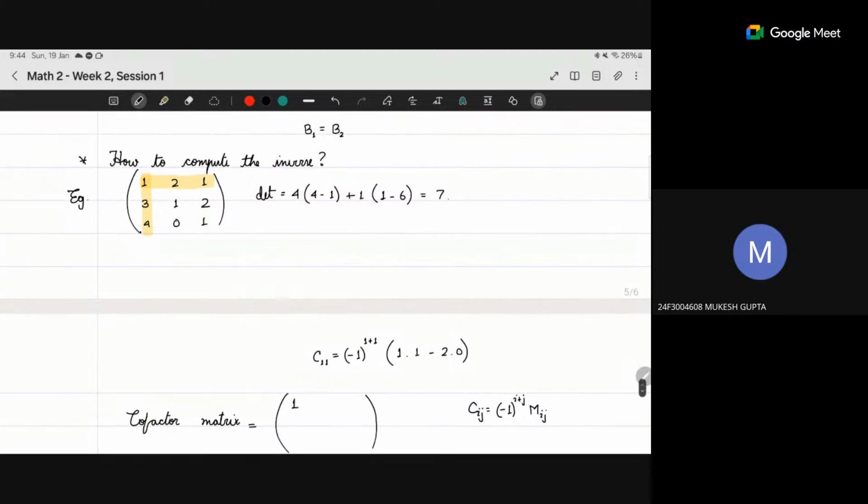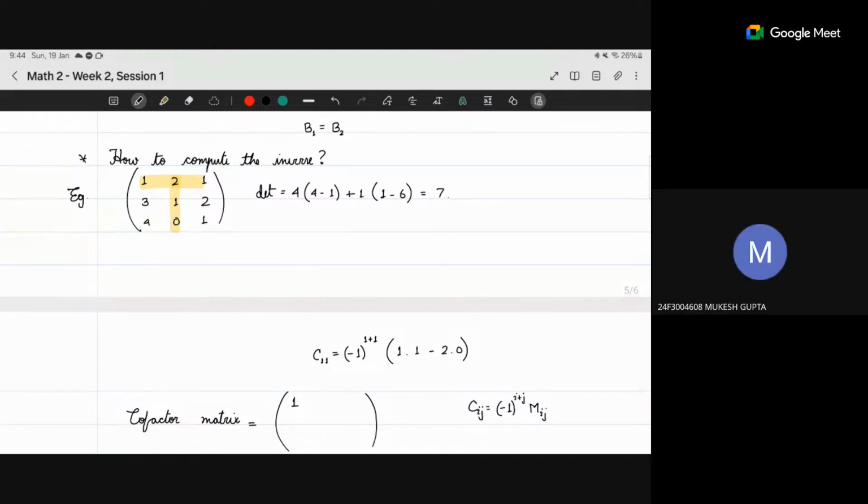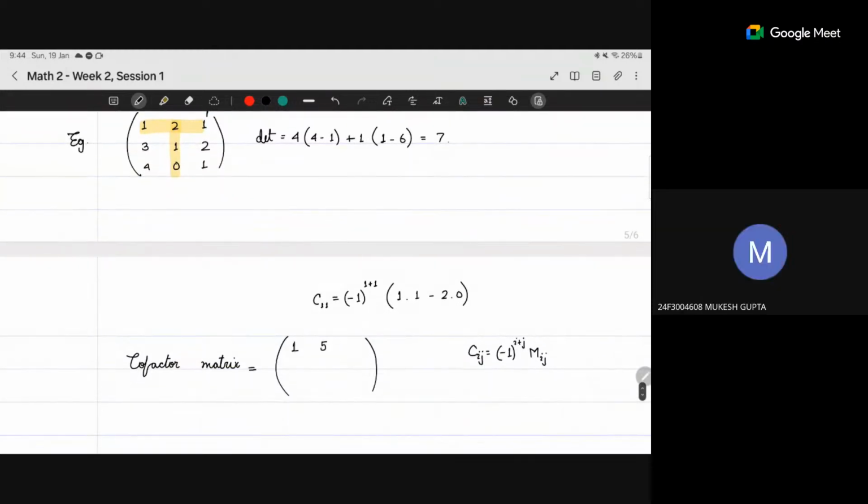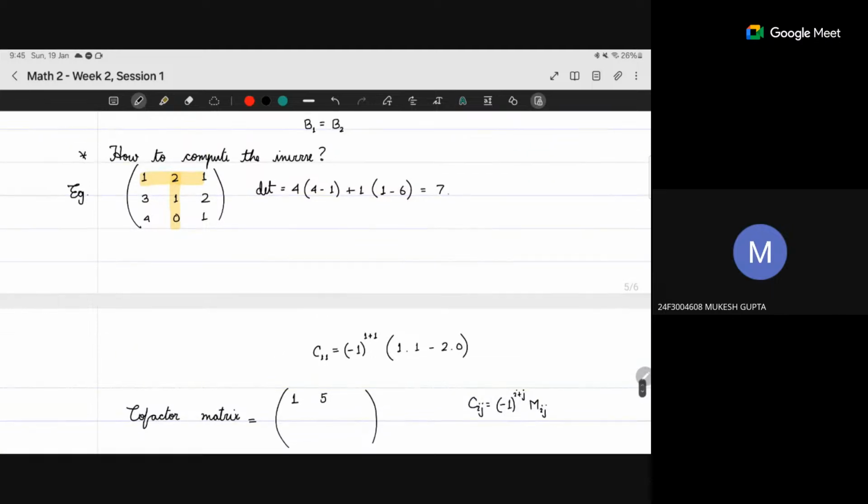For the second entry, what am I going to do? I'm going to look at this matrix. It becomes 3 minus 6. The M12 is 3 minus 8, which is minus 5. But here it will become plus 5, because the sign is minus 1 to the power 1 plus 2, which is minus 1.